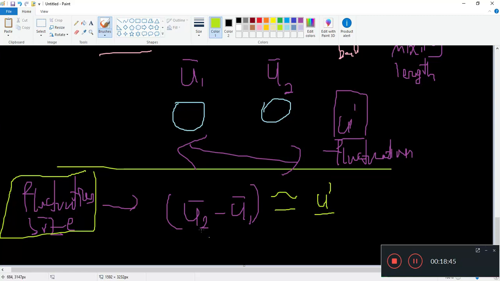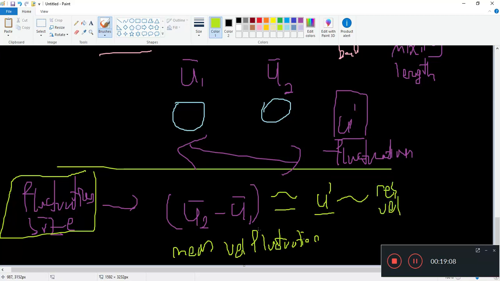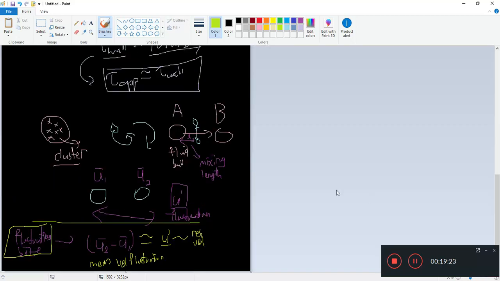So this is the largest fluctuation we can see in the system based on the mean velocities. And then this is the unfiltered or the residual velocity. This is the turbulence part. So we are making this assumption that the mean velocity fluctuation is on the order of the turbulent velocity fluctuation. So where does the mixing length come in over here?